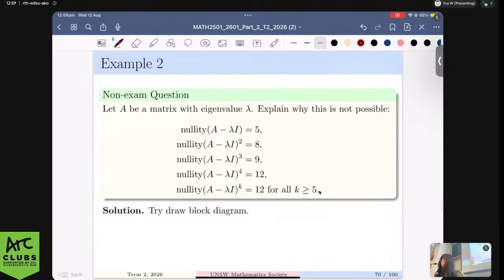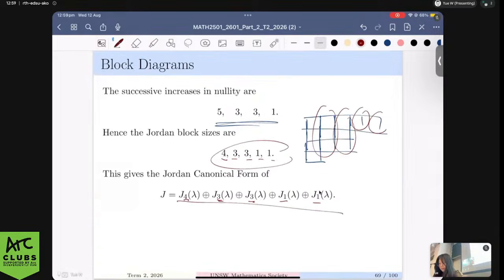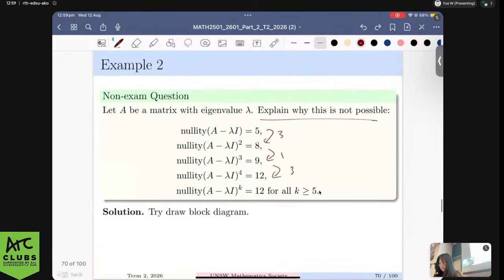This is an example you could try yourself. You consider the difference between each one, right? And you want to show why this is not possible. Generally for block diagrams, you always want this to decrease in size between each corresponding row. But for this one here, it doesn't, because you're going from 3 to 1 to 3. So that's not decreasing, so it's not going to work.